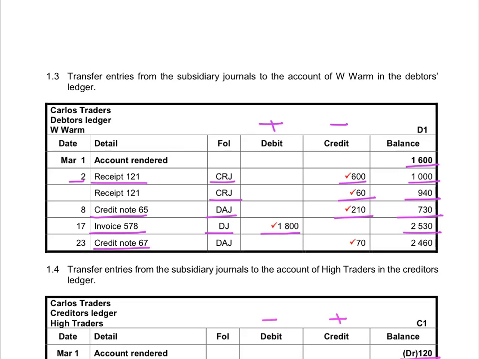Issued a credit note in the debtors allowances journal will reduce his account on the credit side with 70. So 2,530 minus 70 will give him an outstanding balance of 2,460. So for every debtor, we will have a separate account in the debtors ledger, and for every creditor, we will have a separate account in the creditors ledger.